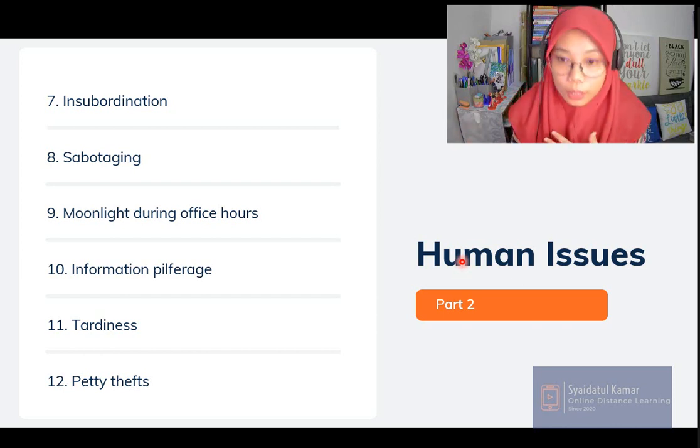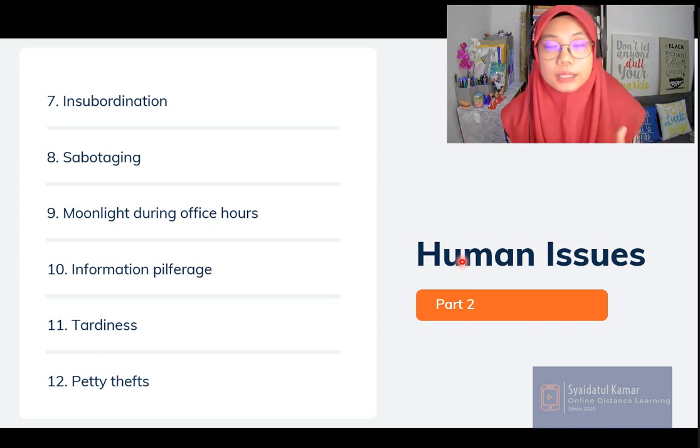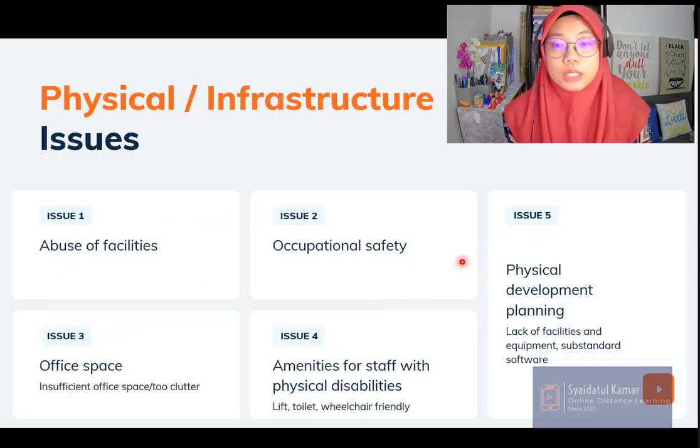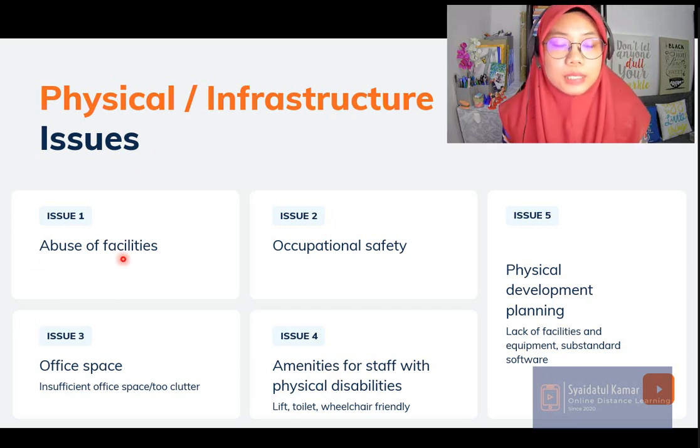Now let's take a look at the other part of issue, that is the infrastructure or the physical issues. For example, issues such as abuse of facilities.